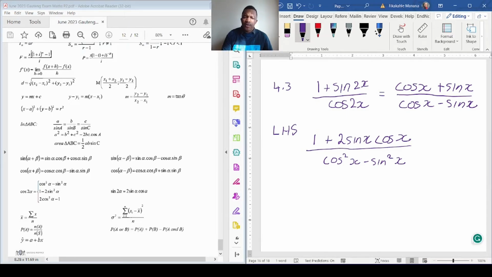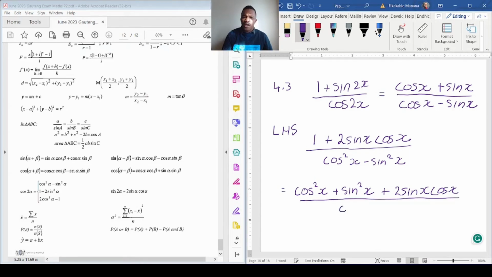That one is going to change to the square identity as well, which is cos squared x plus sine squared x. Remember, cos squared x plus sine squared x equals 1. So I've just done that. Plus 2 sine, everything else remains the same.